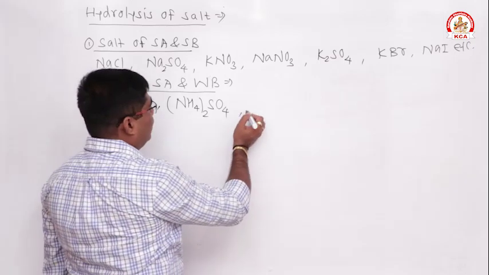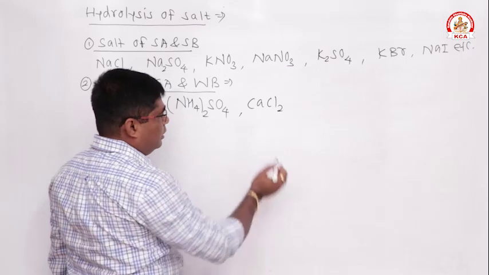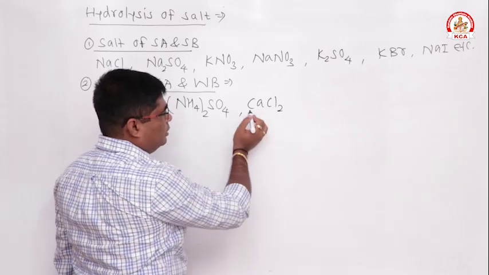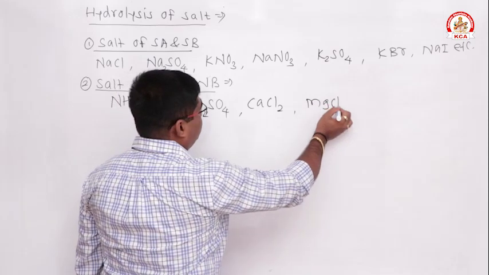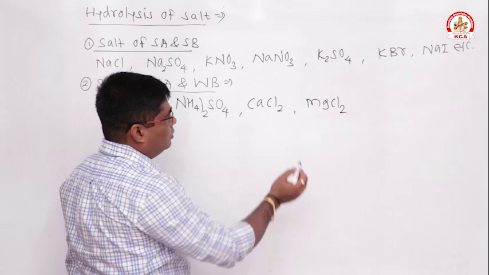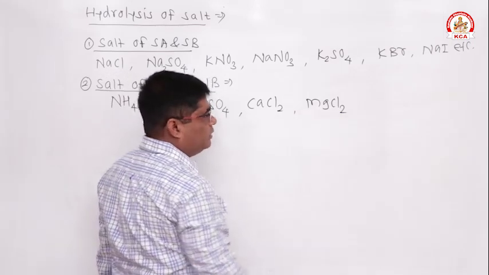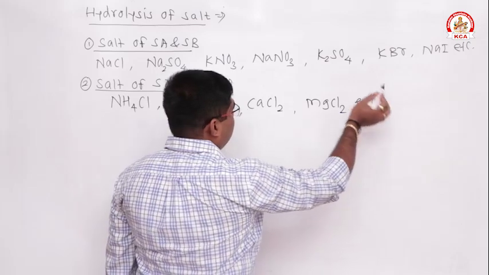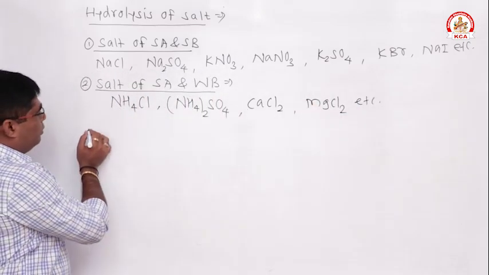NH4OH. Then again CaCl2, calcium chloride. HCl is the strong acid, calcium hydroxide is the weak base. MgCl2, magnesium chloride, it is also the salt of strong acid HCl and weak base magnesium hydroxide. So these are the few examples of salt of strong acid and weak base.